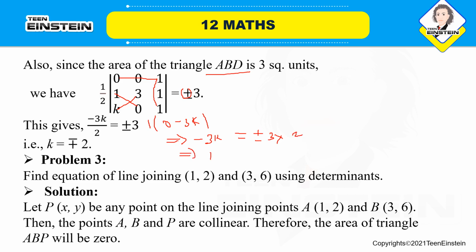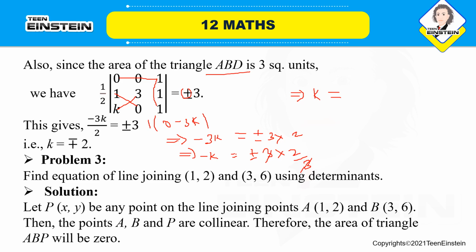therefore minus k is equal to plus or minus 3 into 2 by 3. So you can cancel 3. This is minus k is equal to plus or minus 2, which implies k equal to, bring this minus to the right hand side, then that becomes plus or minus 2.